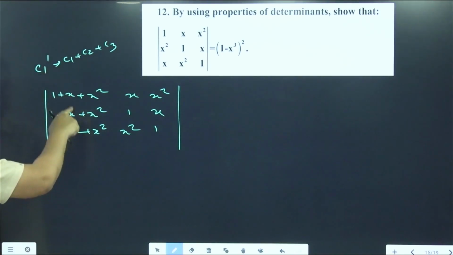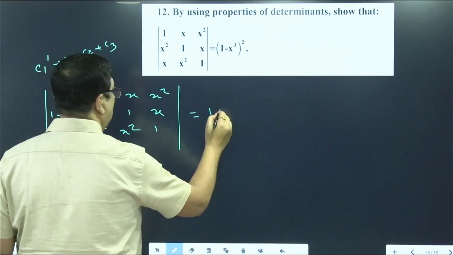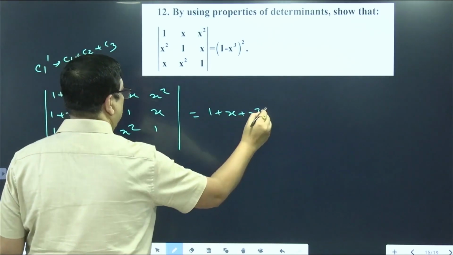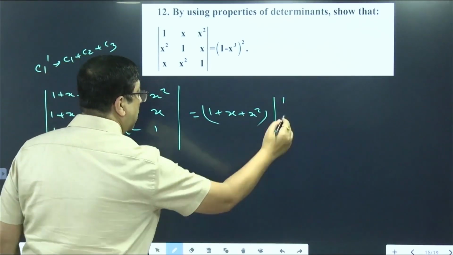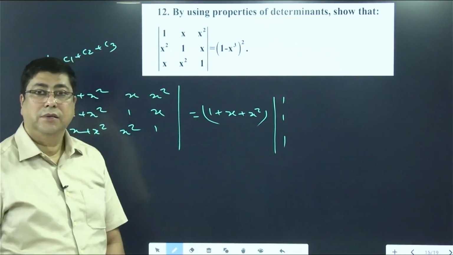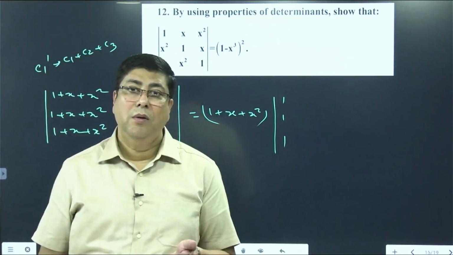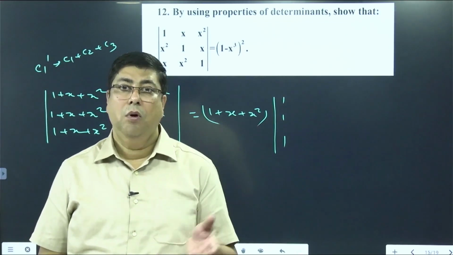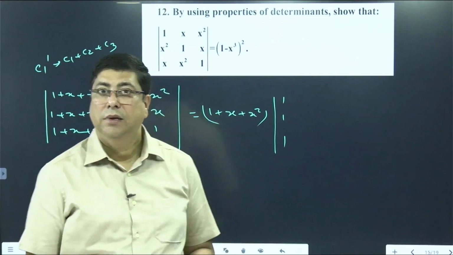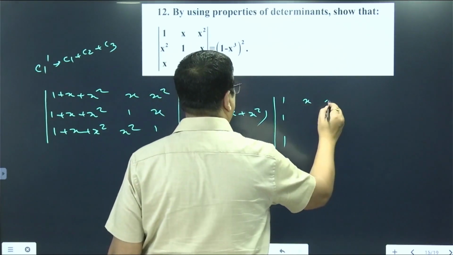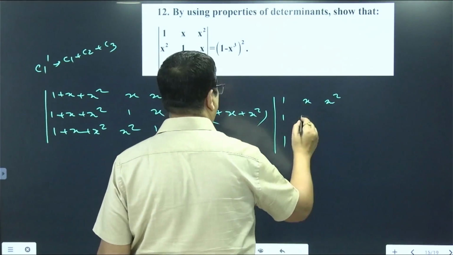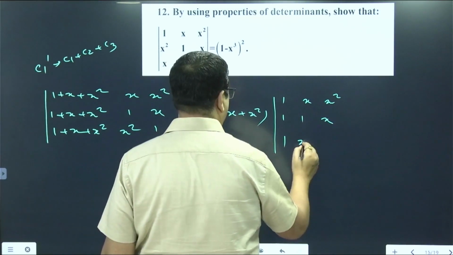If we take 1 plus x square common, we are getting 1 1 1 in the first column. Same as the previous case, now we have to do R1 minus R2 on R1, and R2 minus R3 on R2, so we are getting x square 1 x square 1.